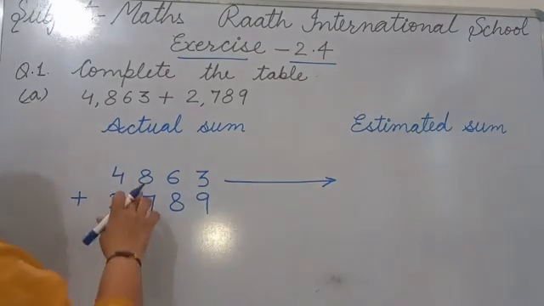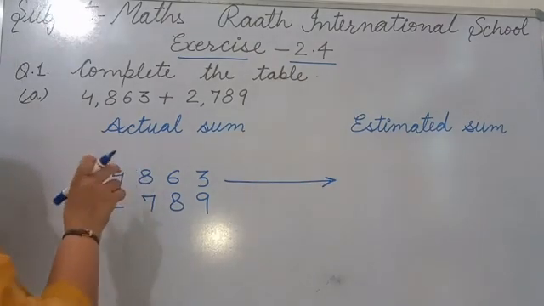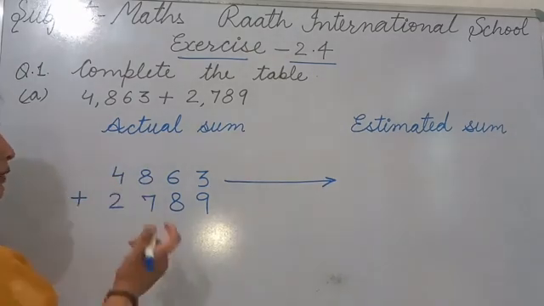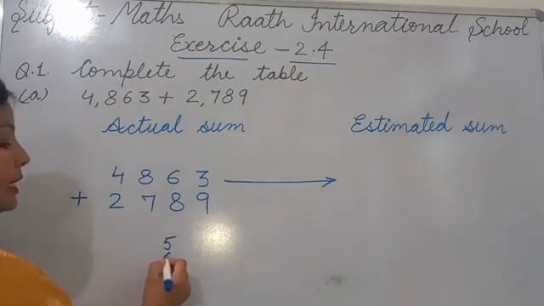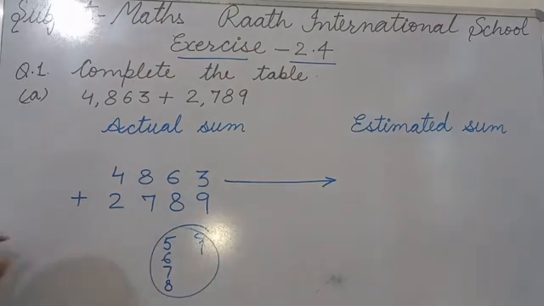if you have that in the 100 column, we will not increase our 1000 column, that will remain the same. But if in the 100 column we have 5, 6, 7, 8, 9, if we have these 5 digits, we will increase our 1000 column by 1. So that will be the rounding number.